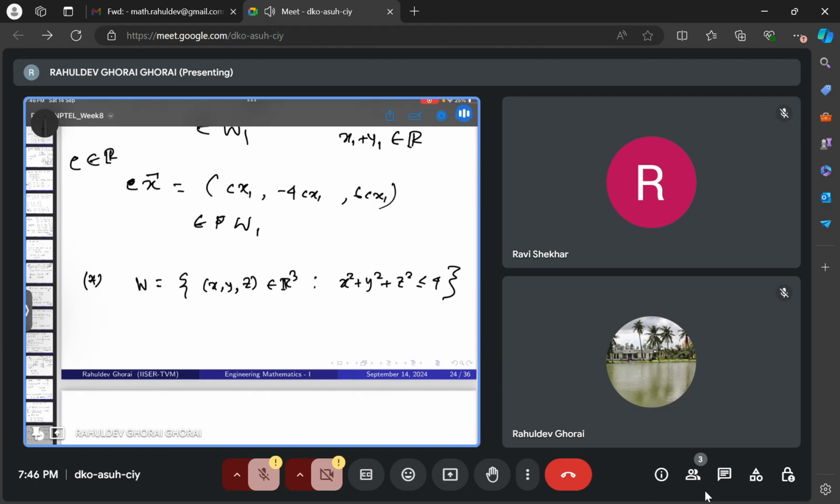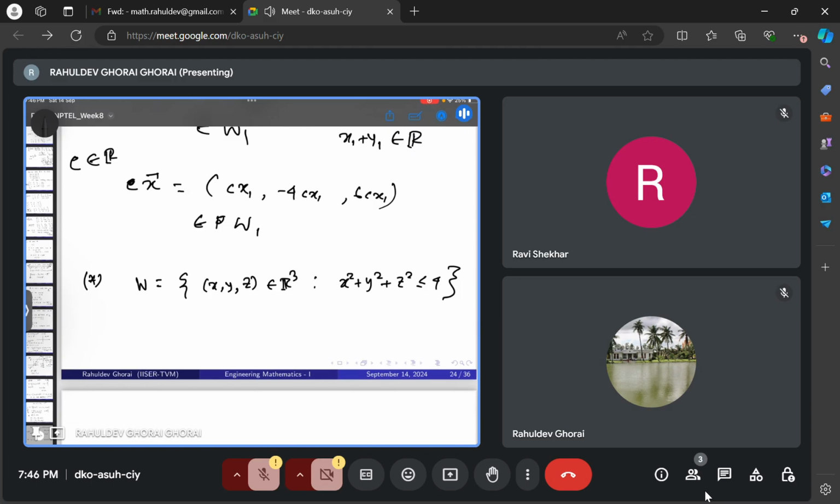So there will be some examples where, if you take two points and add them, the result will again be in the vector space. But there are some points for which it won't happen. So that's why it is not a vector space.